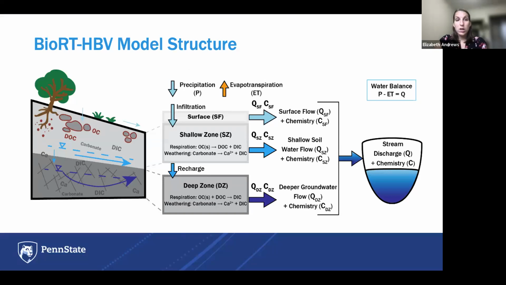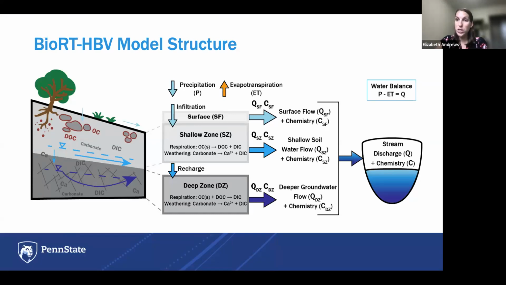We have a diagram here that shows us the conceptual model on the left, and then how the model works and the output that we get. We have our conceptual model with a watershed or hill slope represented with the various processes that we might expect. We have input, surface runoff, infiltration, and a shallow soil zone.